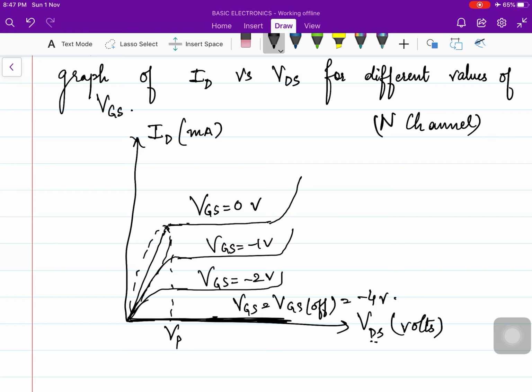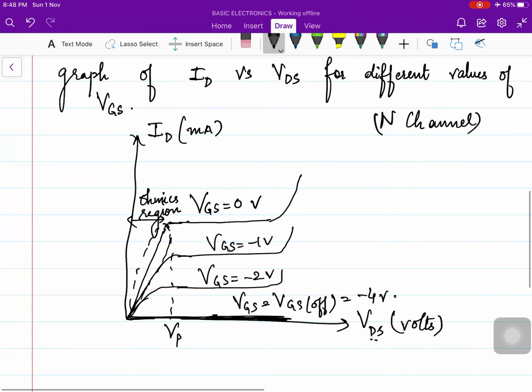Now this graph is divided into three parts. This particular portion is called the ohmic region because here it follows Ohm's law. As voltage increases, current increases. So this is the ohmic region.